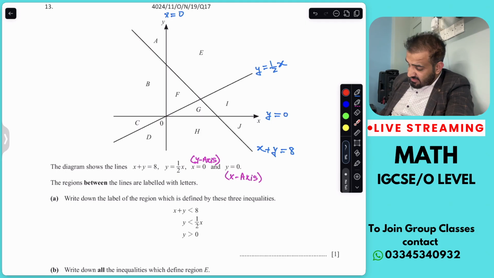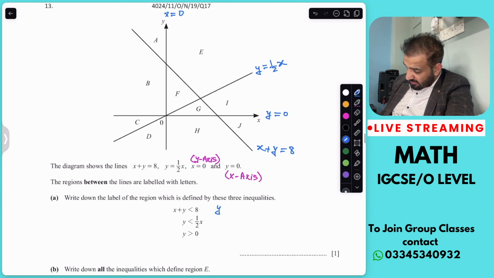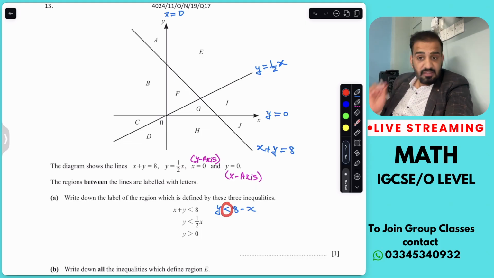Students, the first is x plus y less than 8. Where is x plus y? As I said, what you should do is make y the subject. So if you bring x on the other side, this will become y less than 8 minus x. So it means y is less than 8 minus x. So you stand on the line.